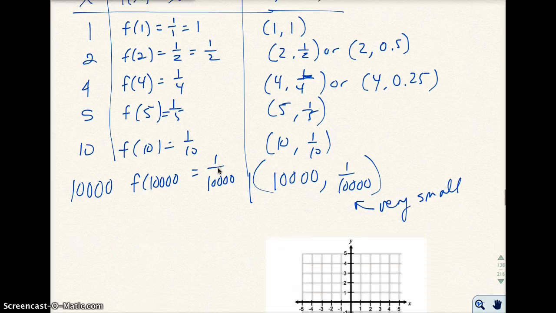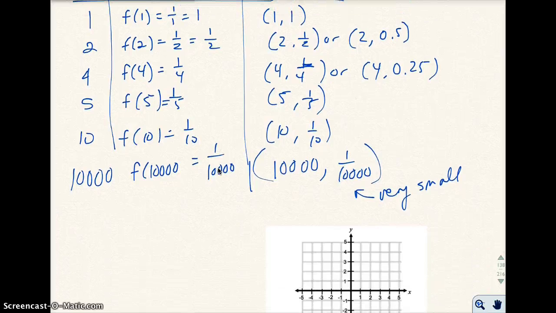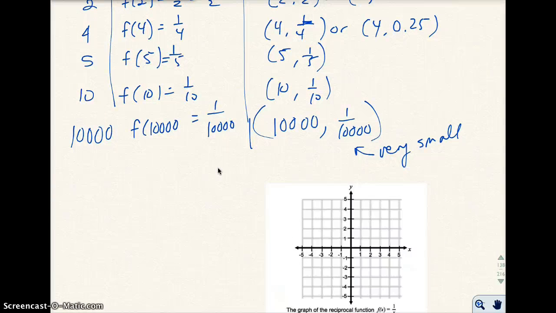Okay, so I went in the positive direction for x.